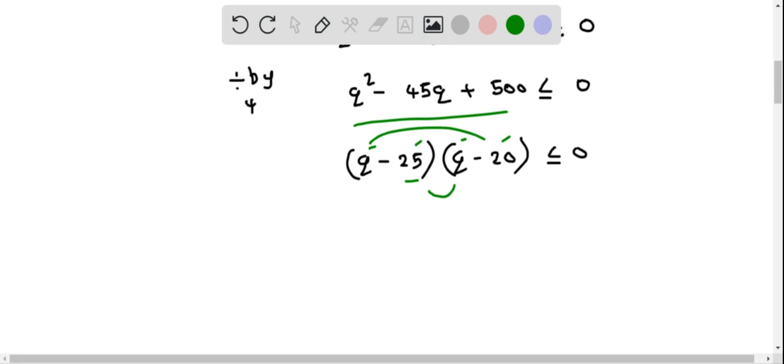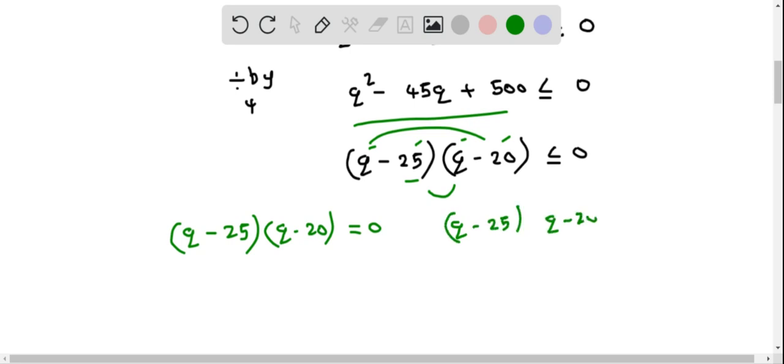So basically we can consider this as an equation and an inequality, that is, (Q minus 25) times (Q minus 20) equal to 0, as well as (Q minus 25) times (Q minus 20) less than 0.